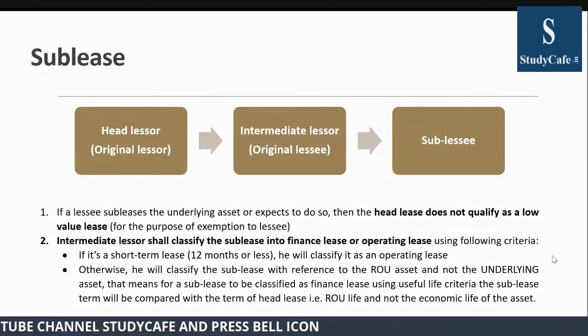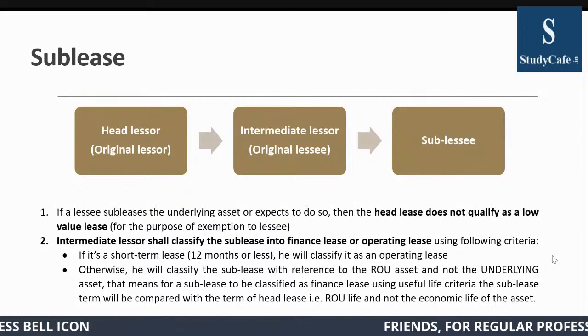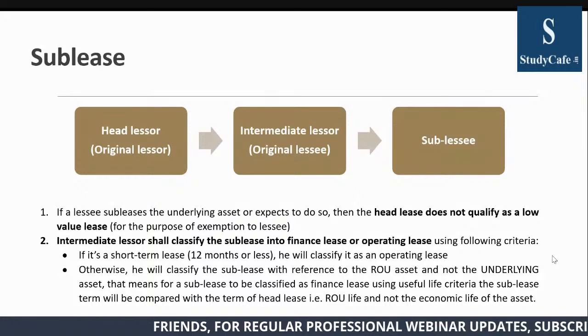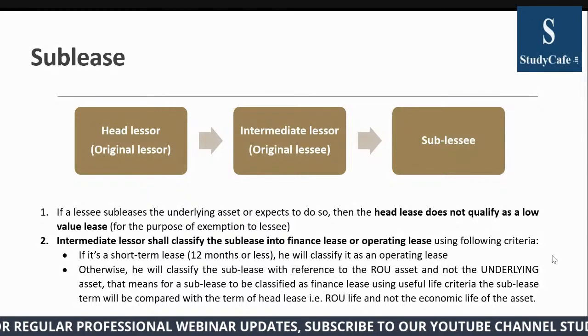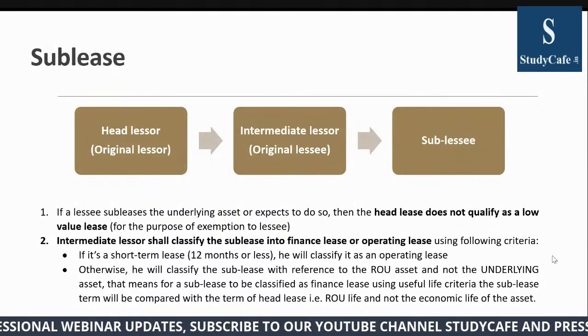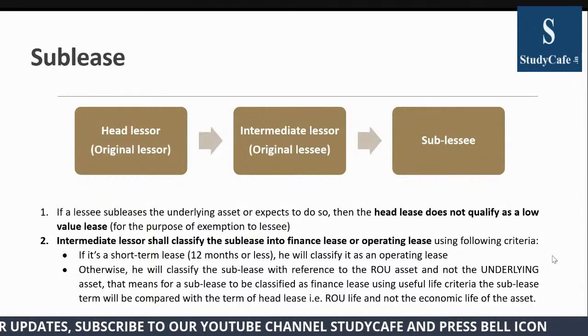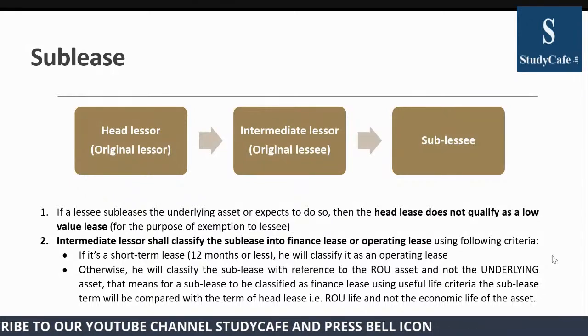Company B is the head lessor, which originally leased out that machinery to company A, and company C is the sublessee to whom company A has leased out that asset. So, for company B, the head lessor of the original lease, the accounting remains the same.